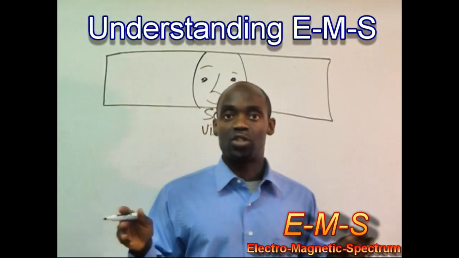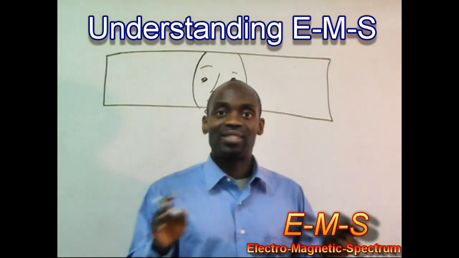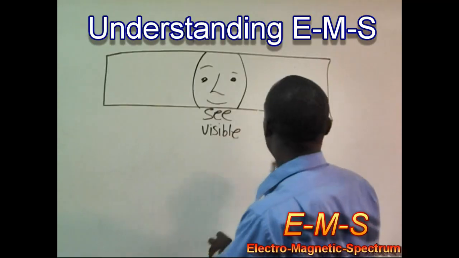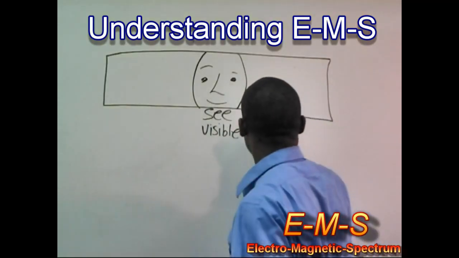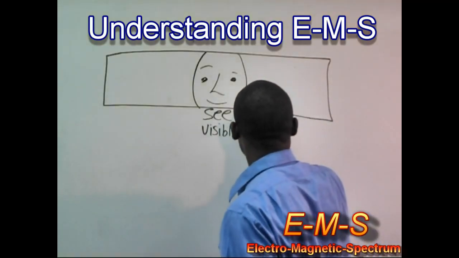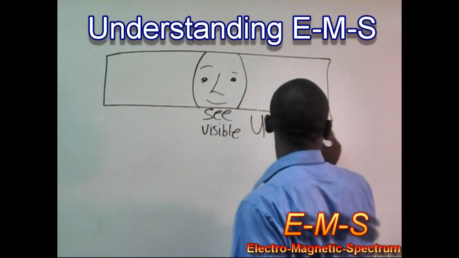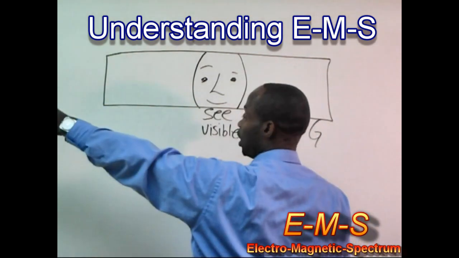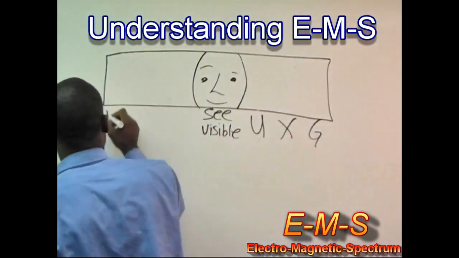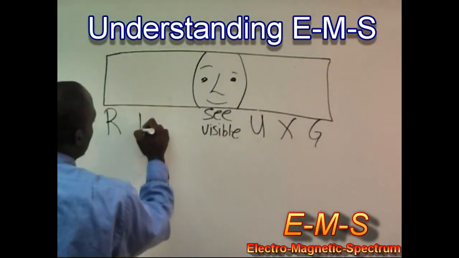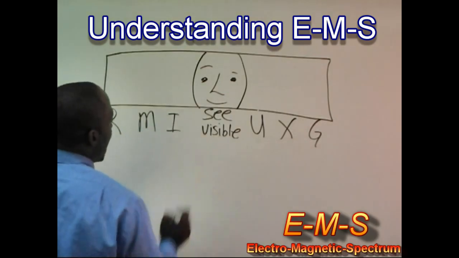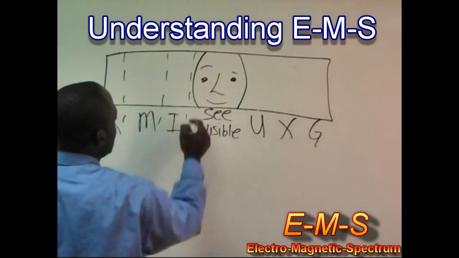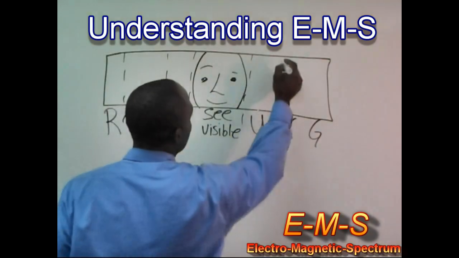Why? Because they're either too small or too large and you can't see them. So let's understand what's going on. To my right, I'm going to have ICUXG. To our left, we're going to put RMI. I'm going to section these off so you can see what's going on.